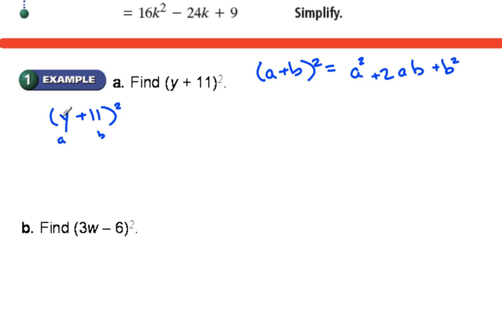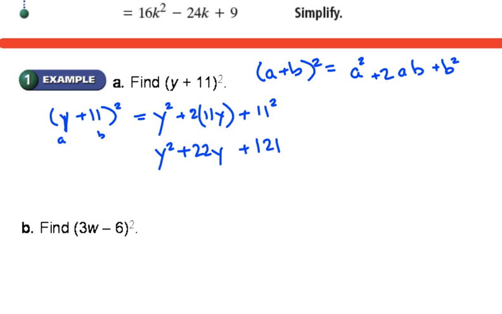Okay, so that's going to be y squared, and then 11 squared, and then I'm going to multiply these two together, and that's 11y, and then we have to double it. Now it's positive, so this is also positive. So now that gives us y squared plus 22y plus 121, and that's it. Okay?